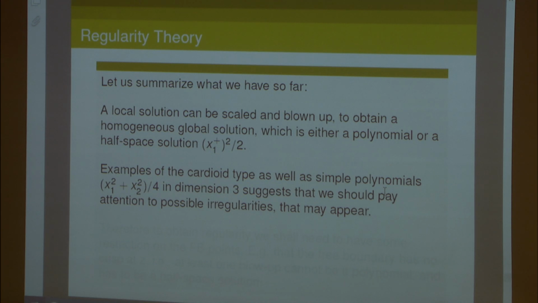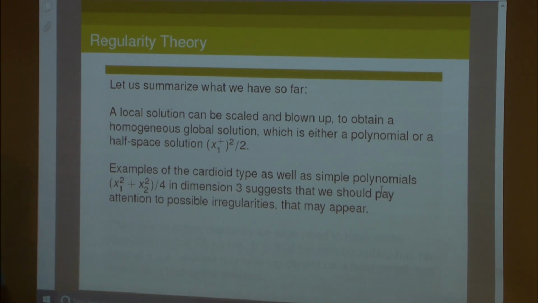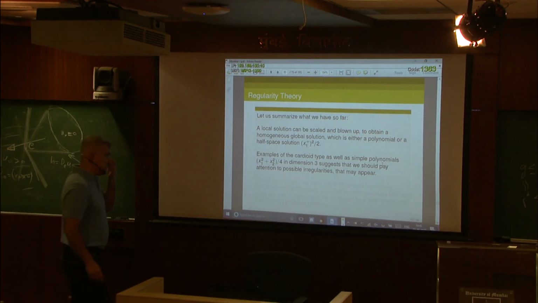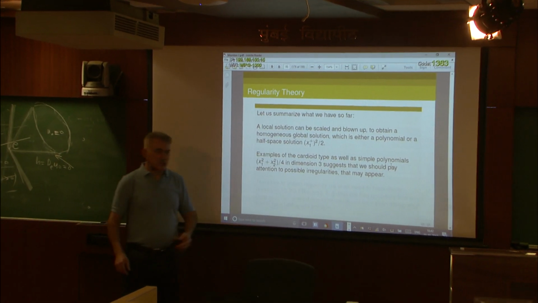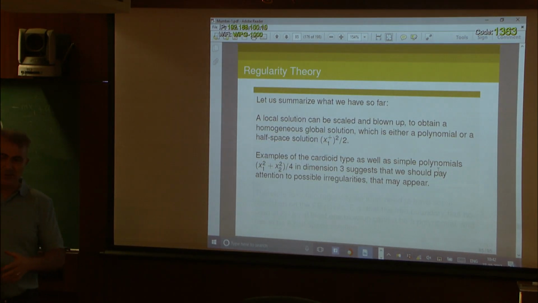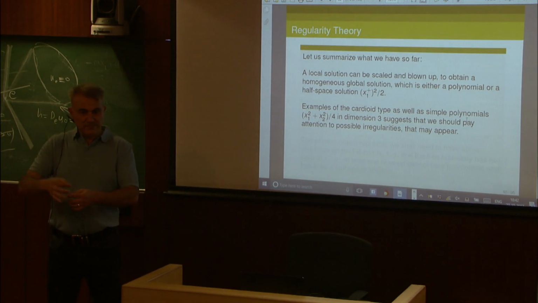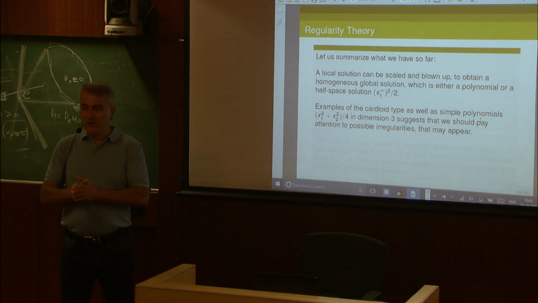But there is another way of doing these things, which I think I'm going to do here. There are examples where actual polynomials can appear, and polynomials can be of lower dimension. Like in 3 dimensions, we can get one which has a free boundary which is just a line. We can have the polynomial x1 to the power 2 divided by 2, which is positive here and positive here, and the free boundary is this.